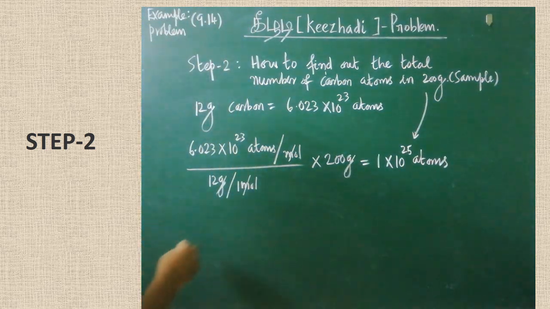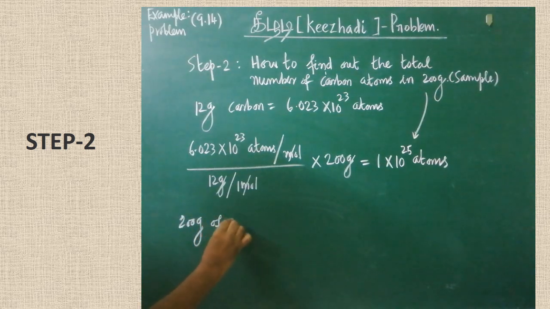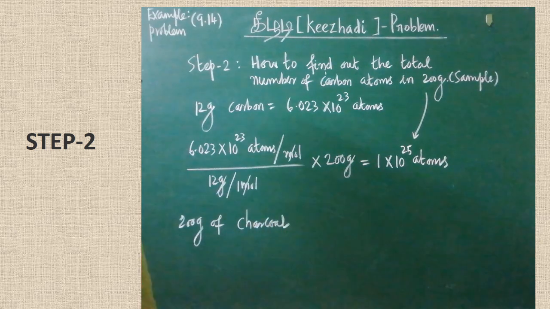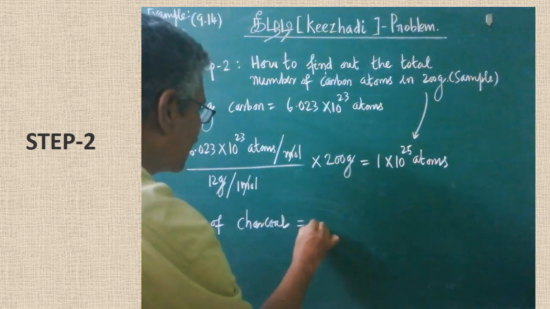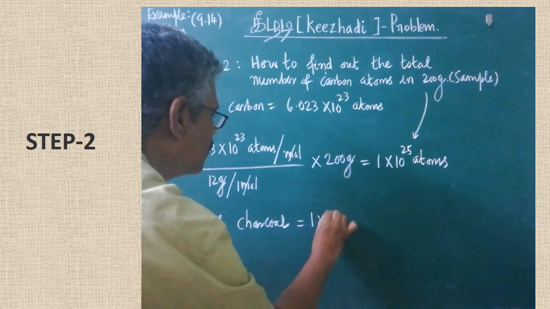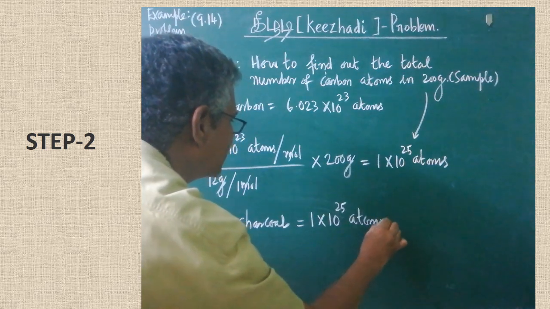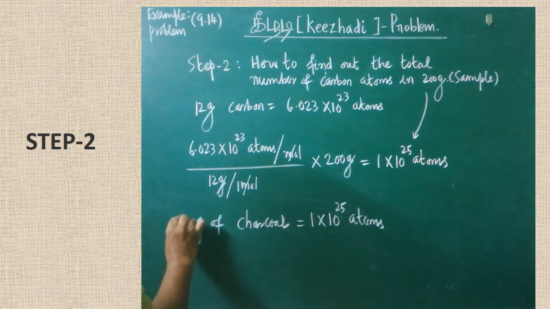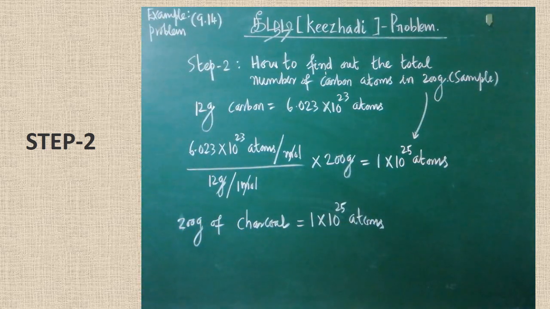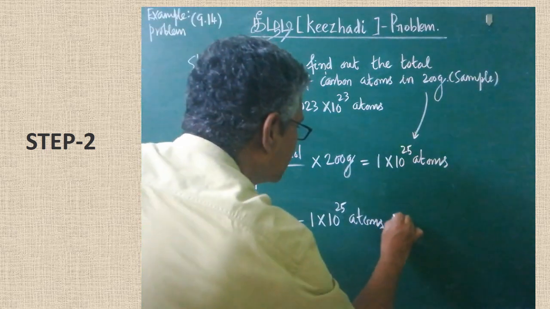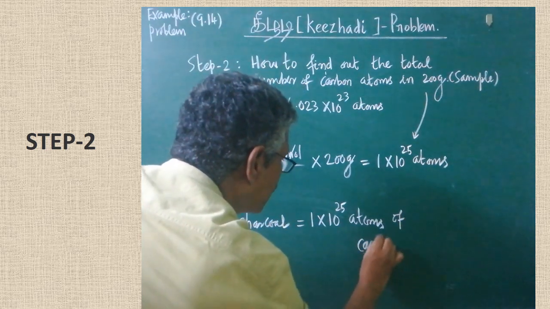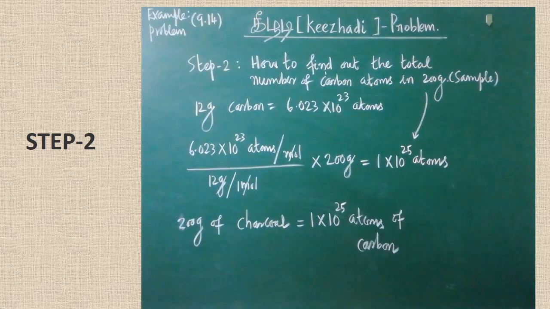So finally we have to write like this: 200 gram of charcoal contains 1 into 10 to the power of 25 atoms of carbon. So this is the final conclusion. Are you clear? This is step 2. Understood?